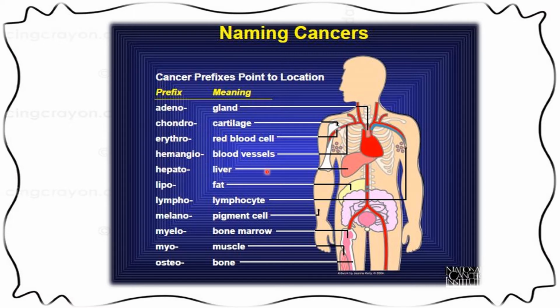Hemango refers to the blood vessels. Hepato refers to liver. Lipo, referring to the fats. Lympho refers to lymphocytes. Melano refers to pigment cell. Myelo refers to bone marrow. Myo refers to muscle, and osteo refers to bone.